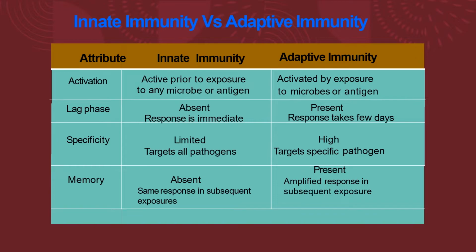Innate immunity is limited in specificity and it targets all the pathogens, while adaptive immunity is high in specificity and it targets specific pathogens. Memory cells are absent in innate immunity and it gives the same response in subsequent exposures, while memory cells are present in adaptive immunity and it gives amplified response in subsequent exposures.